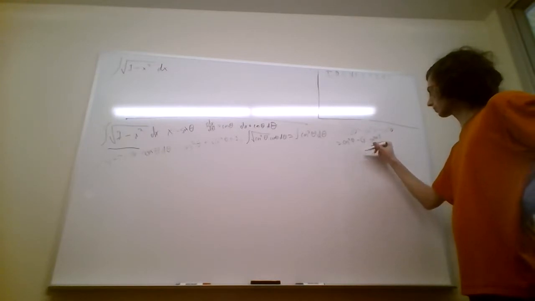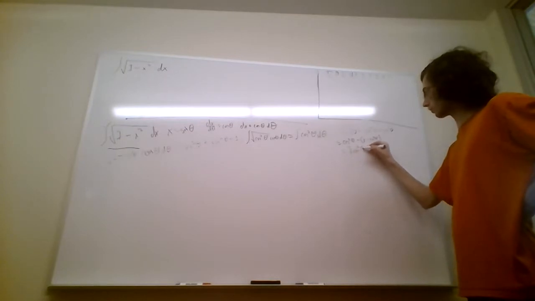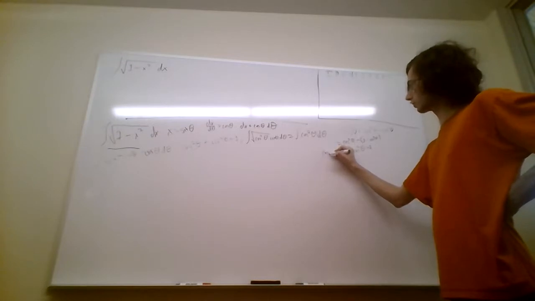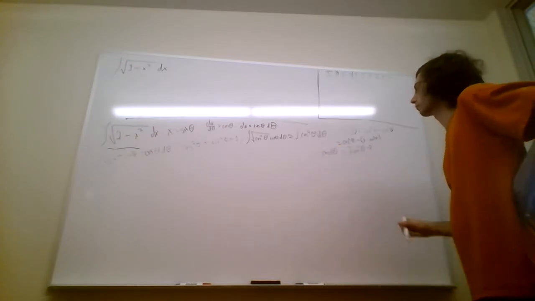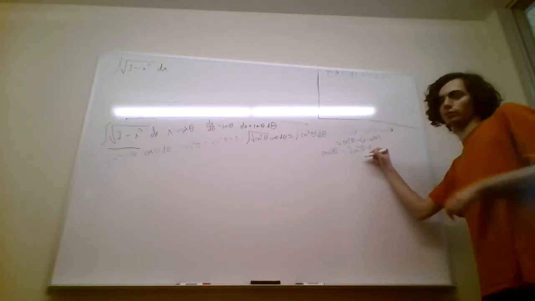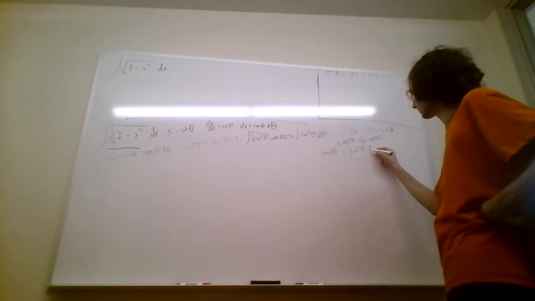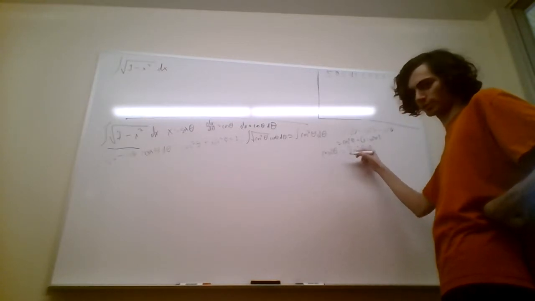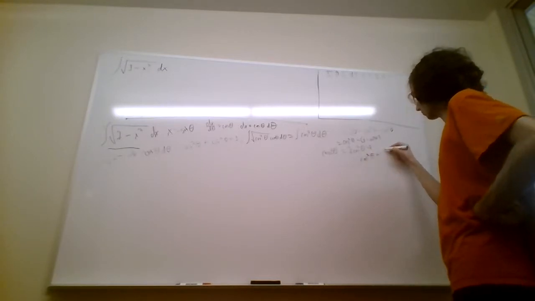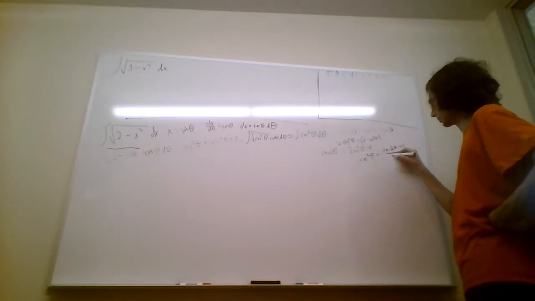And that's equal to 2 cosine squared theta minus 1. We'll write down cosine 2 theta here. We want to figure out cosine squared theta, so just add 1 to both sides and divide both sides by 2. So that means that cosine squared theta is equal to (cosine 2 theta plus 1) divided by 2.